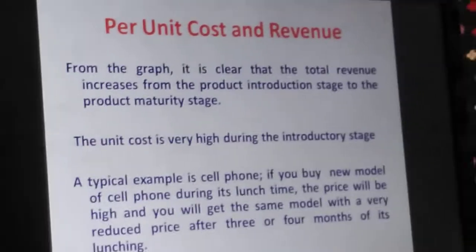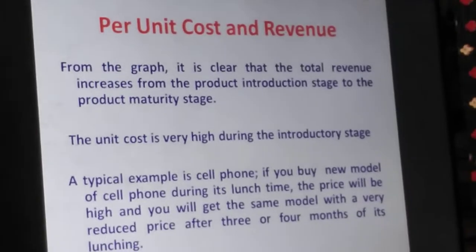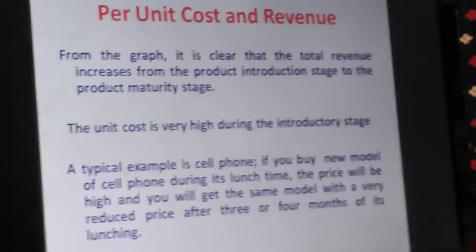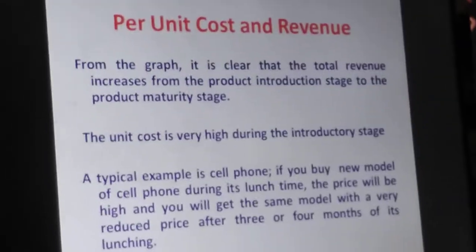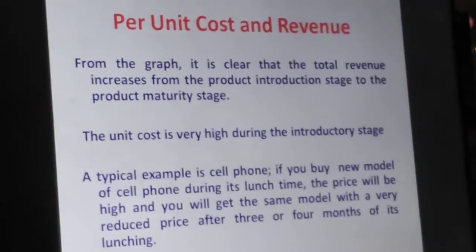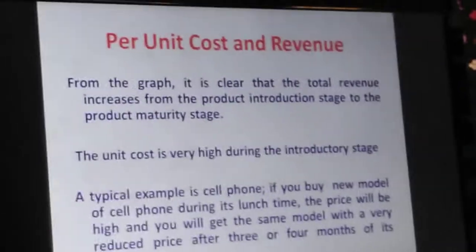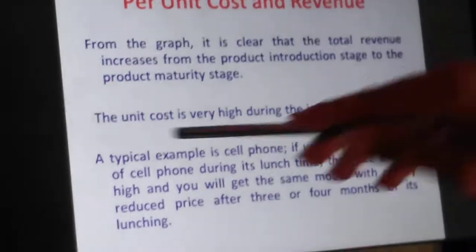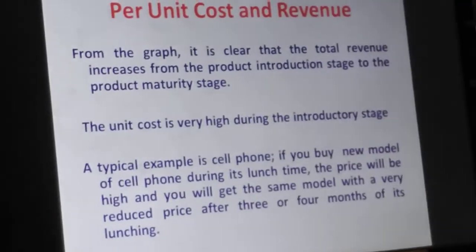That money should be equally divided across the products. One is the NRI cost, and the other is the per-product cost, meaning how much money is required to make a copy of each product. So unit cost is very high during the introduction stage.